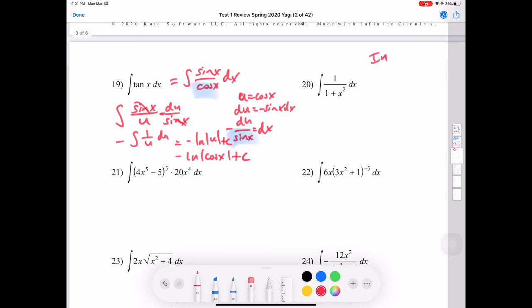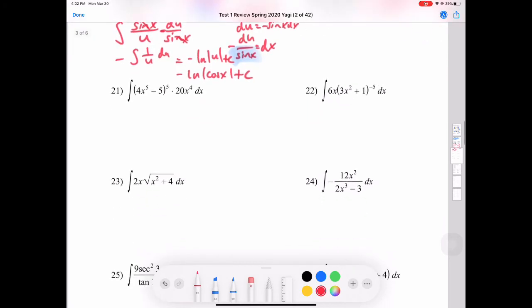Inverse what? Inverse trig, inverse tangent. This is just tan inverse of x plus c. Arctan.